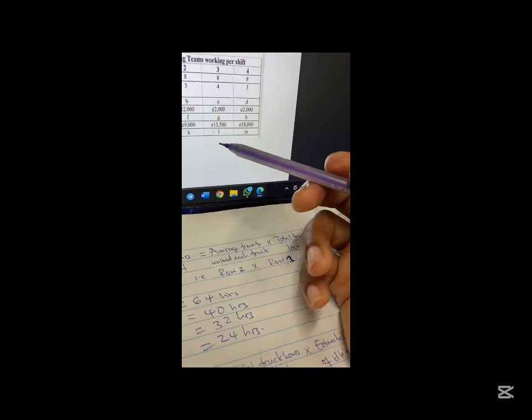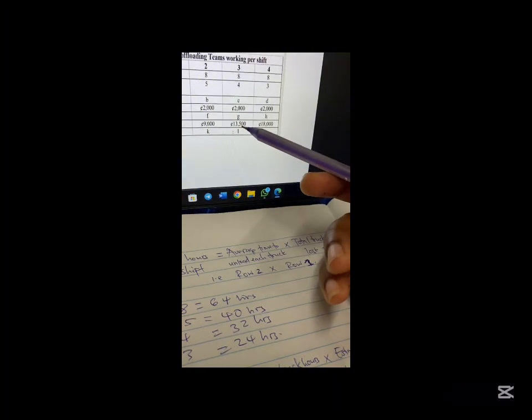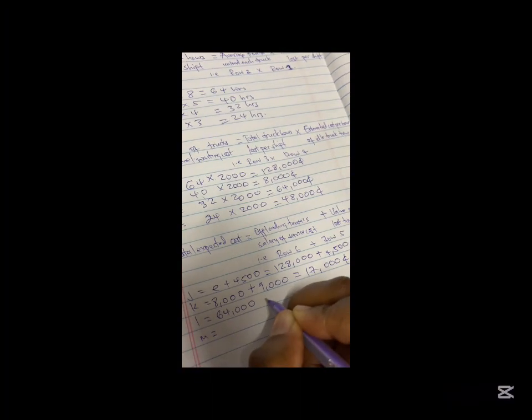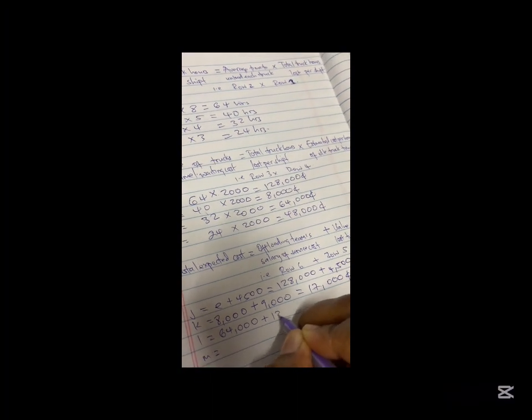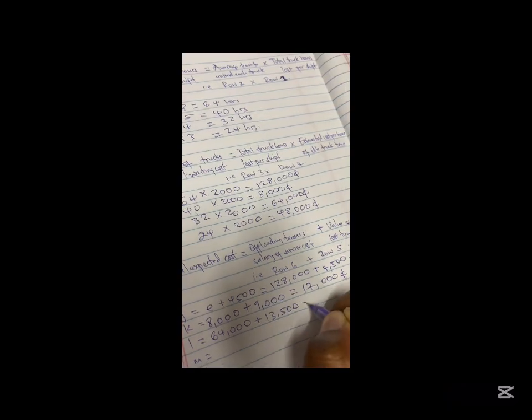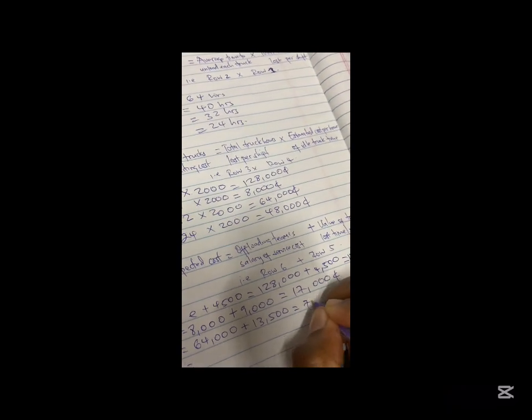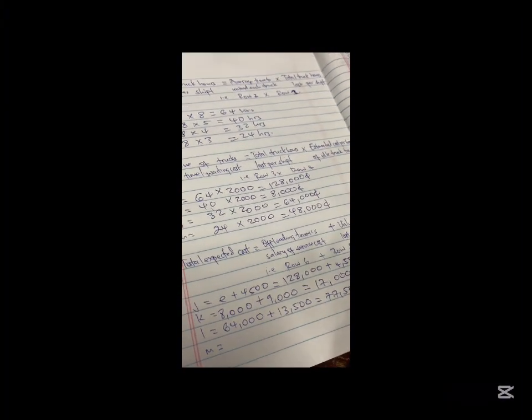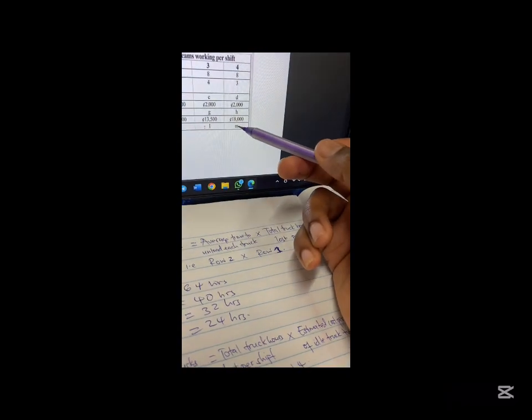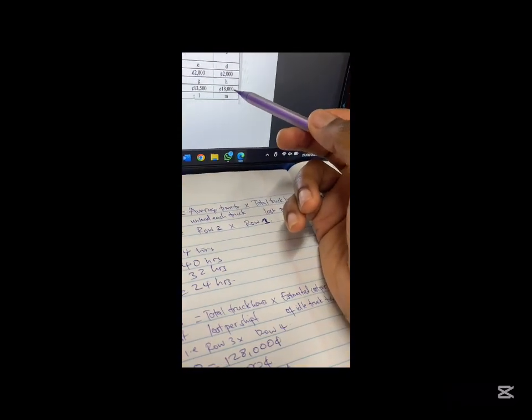And then for the value of L, the same thing, it will be G plus 13,500, and the value of G we have here is 64,000. So it will be 64,000 plus 13,500, and that will give us 77,500 cedis as the value of L. And lastly, the value of M. You already know H plus 18,000.